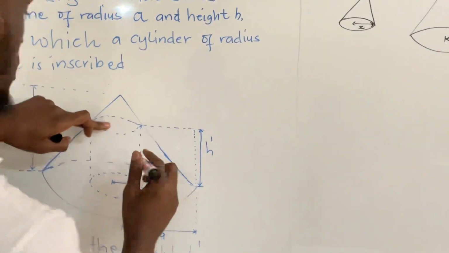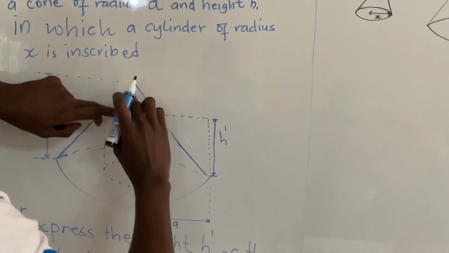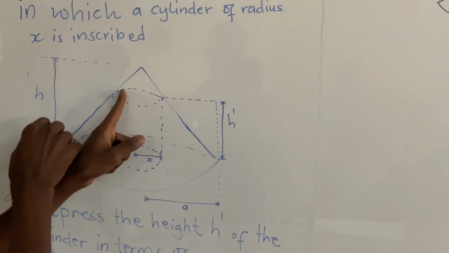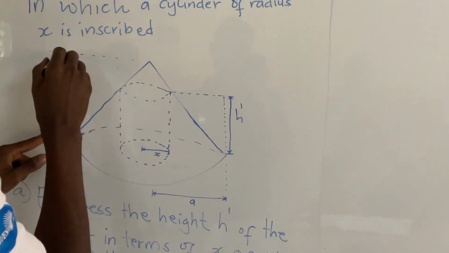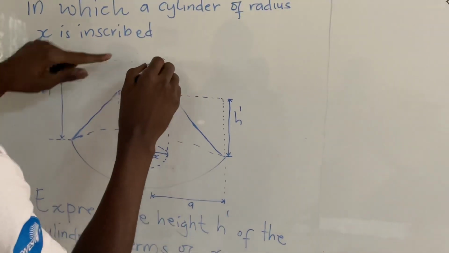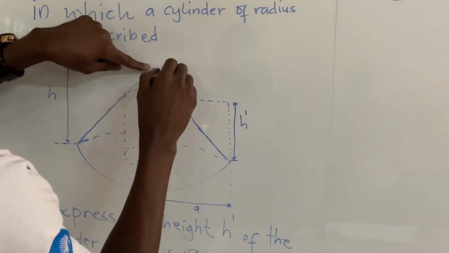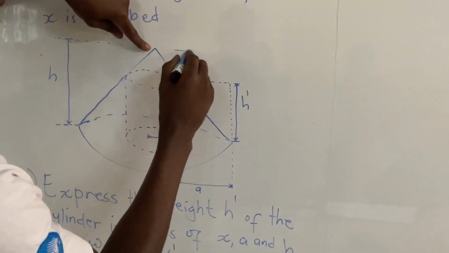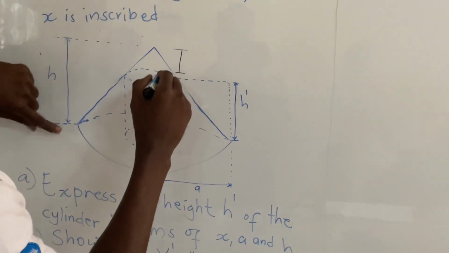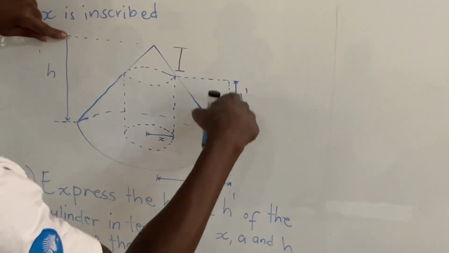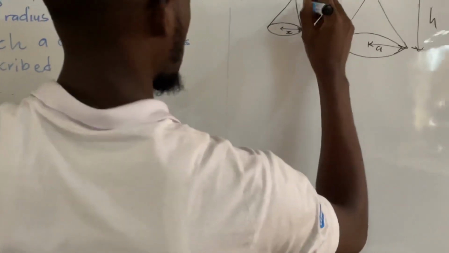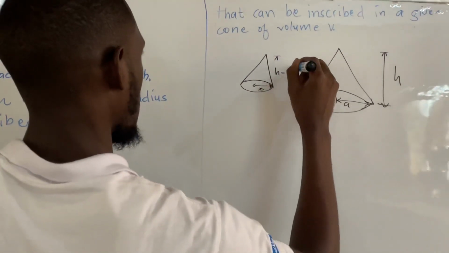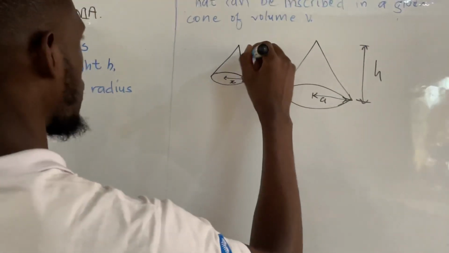The height of this smaller cone is going to be the difference, because from here to the top it is h. So we subtract off h prime, such that its height is h minus h prime.